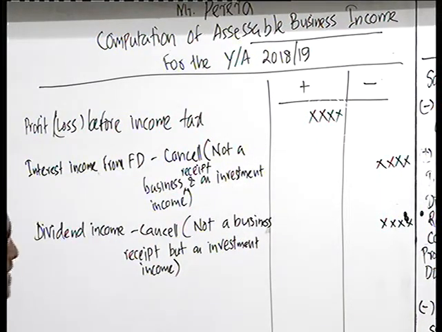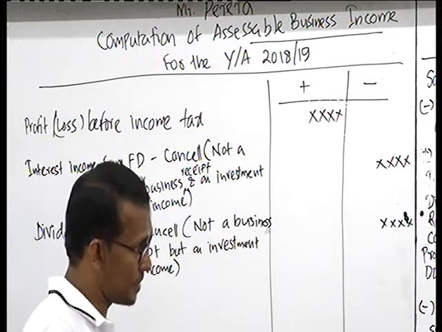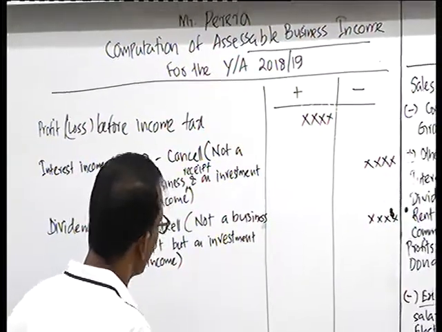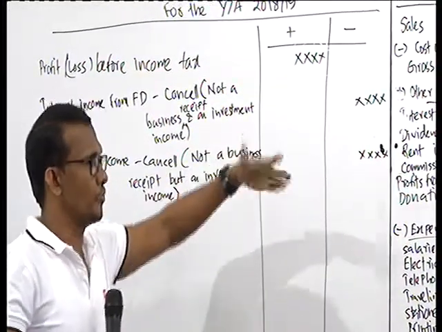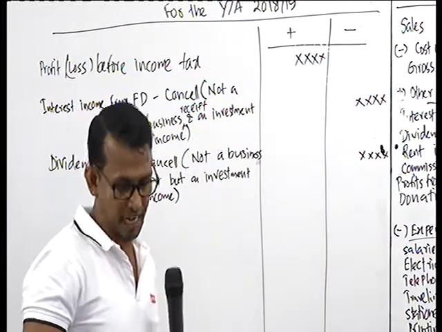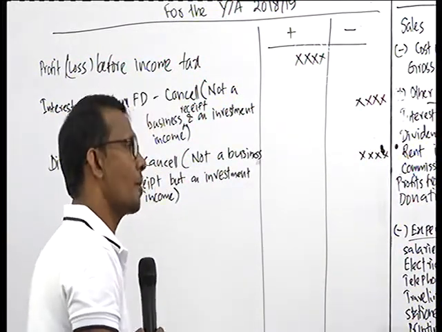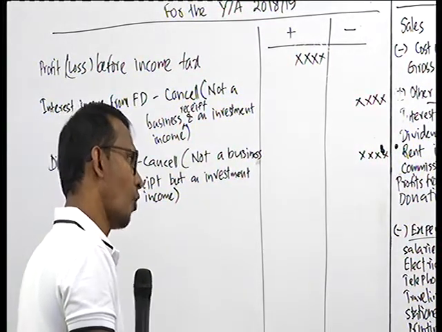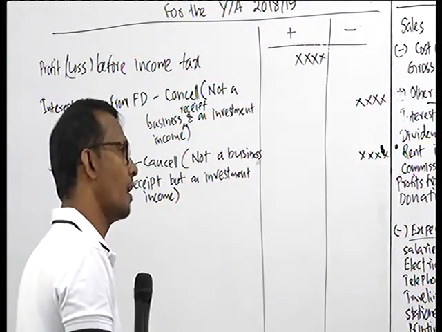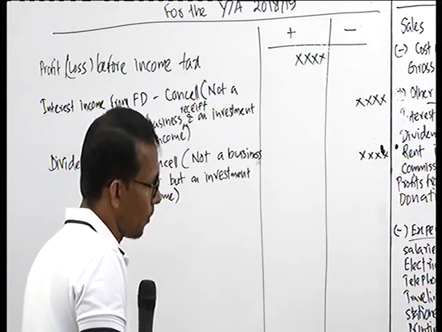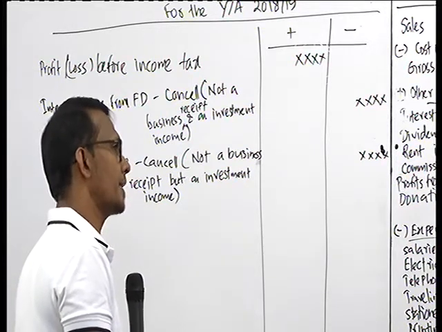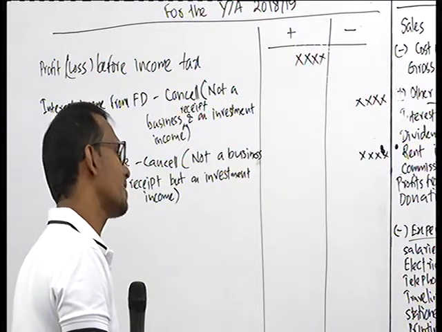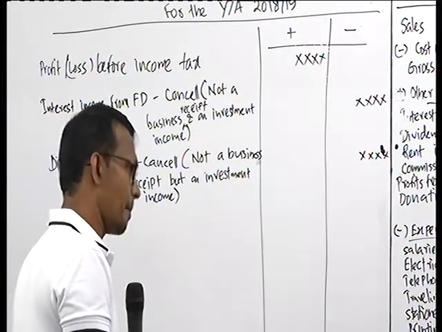Okay. Likewise, any income which cannot be considered as part of the business income or part of the business, and which is not effectively connected, you can remove. But again, as I said earlier, if you have earned interest income from charging interest on outstanding debt balances, or in the event of granting loans to employees, certain organizations grant loans to employees but charge a nominal interest or lesser interest than the market interest, then that interest is part of the business income.